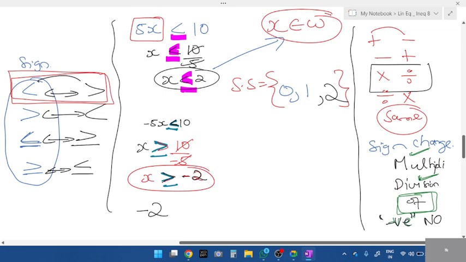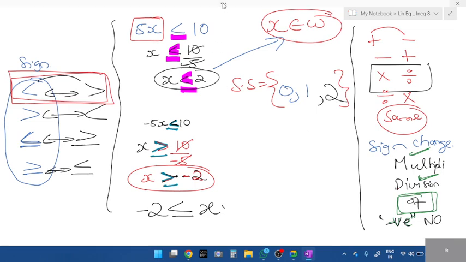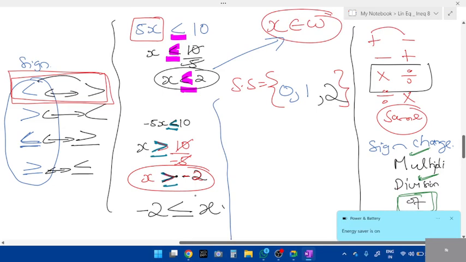Which side is the arrow pointing towards? Minus 2 or x? This is pointing minus 2. So if I want to rearrange, is this correct? I'm not changing the sign. I'm just changing its position. That's it.